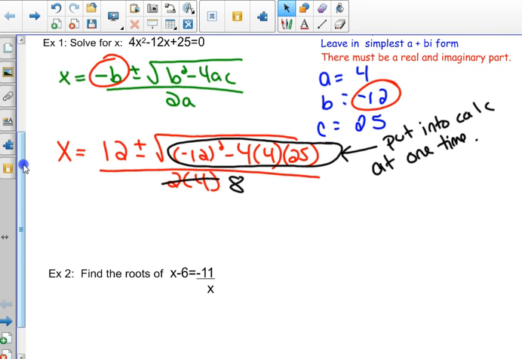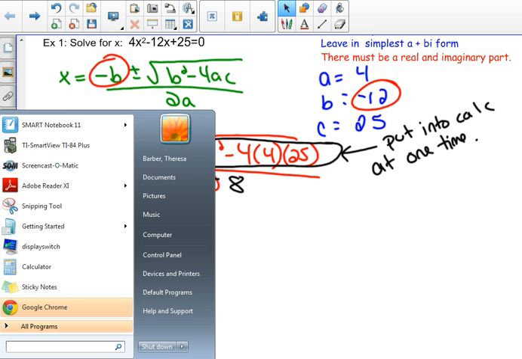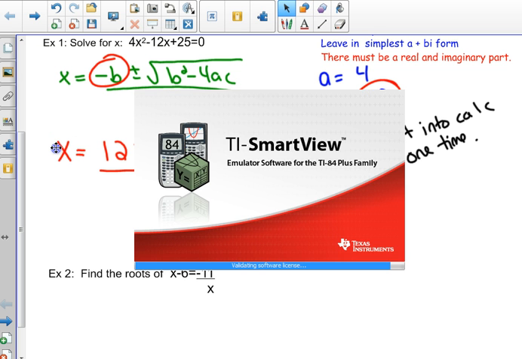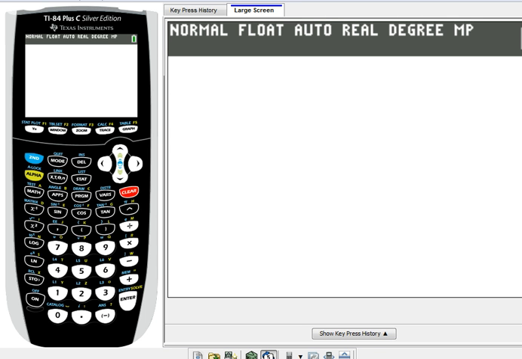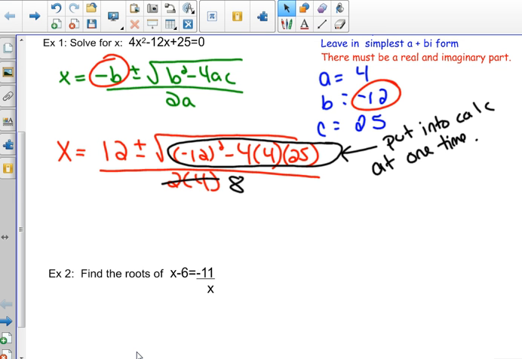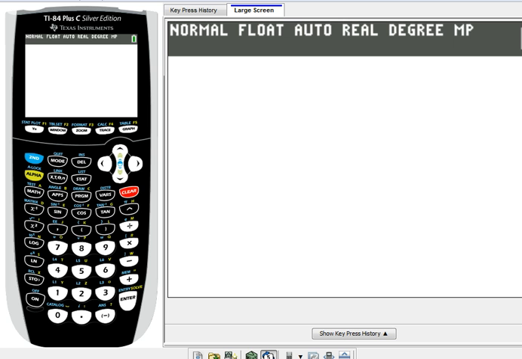Really important. So we have negative 12 squared minus 4 times, what was the a? 4 times 25. Awesome. So see how we put it in all at one time?